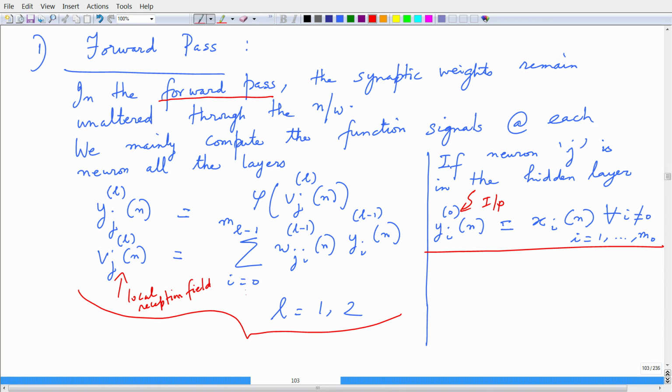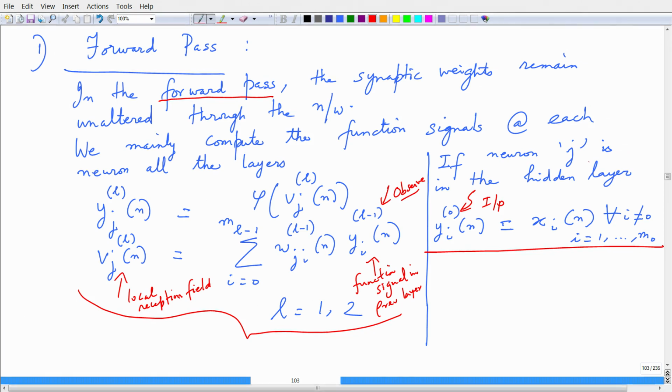This is basically summation i equals 0 to L minus 1, the synaptic weight connecting neuron j with neuron i in the previous layer times the function signal in the previous layer. And that previous layer, just observe this, the superscript, right, observe the superscript.